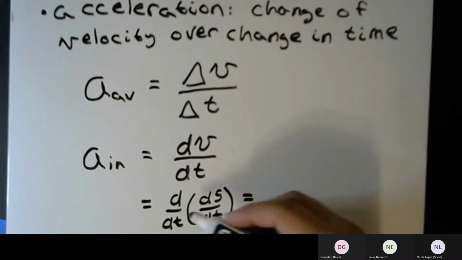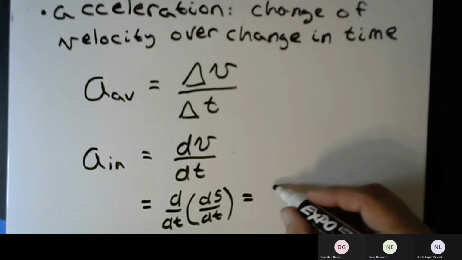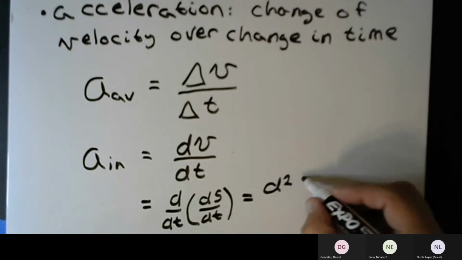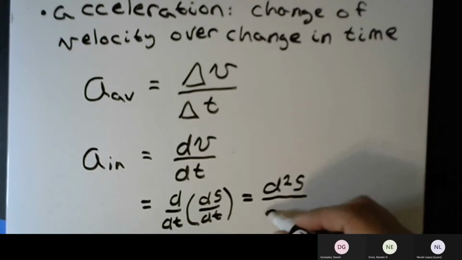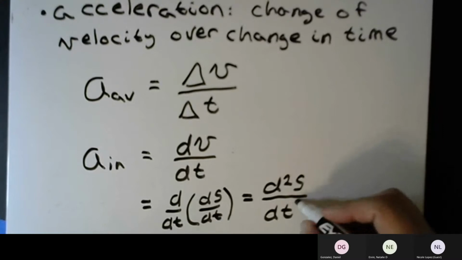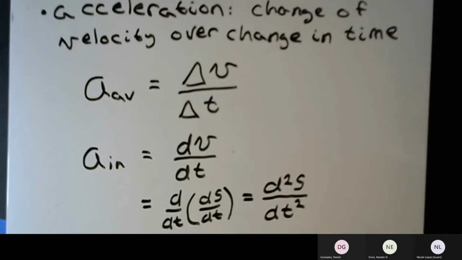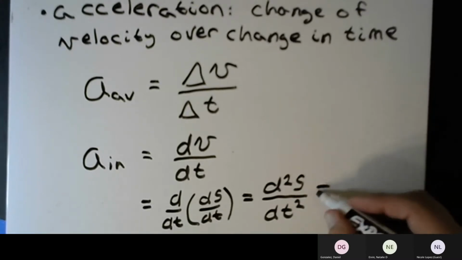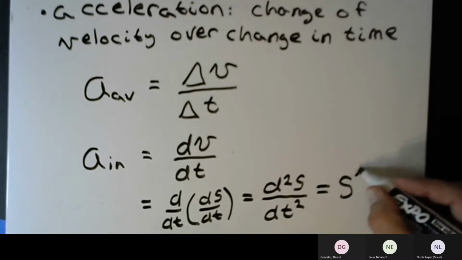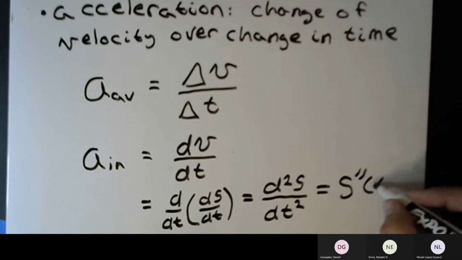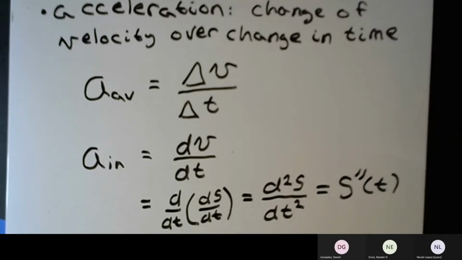So that means we're taking the second derivative of the position function, or you might see it written as S double prime. So questions about that? I'll go over an example.